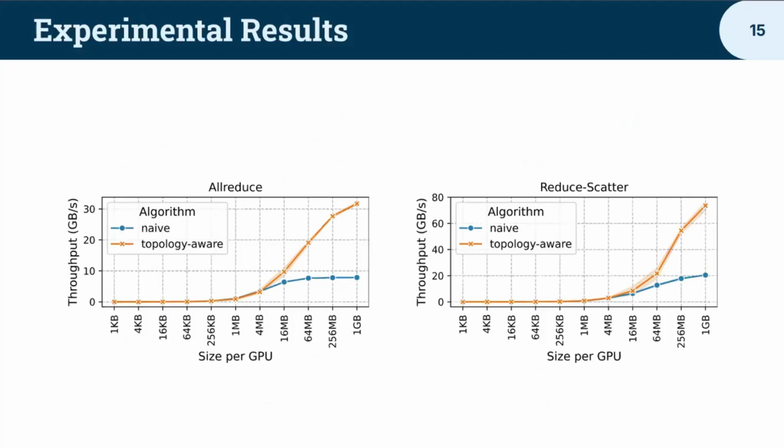So here on the vertical axis, we have the throughput. One cool thing that we can observe here is that the blue line, the naive implementation, saturates around the theoretical throughput of our InfiniBand links on the node. While when we have a specialized collective algorithm running, we can leverage those parallel links and the topology of the system and achieve a higher throughput.